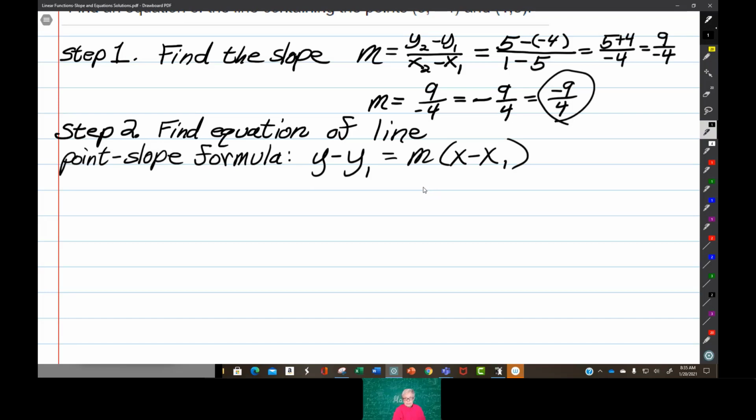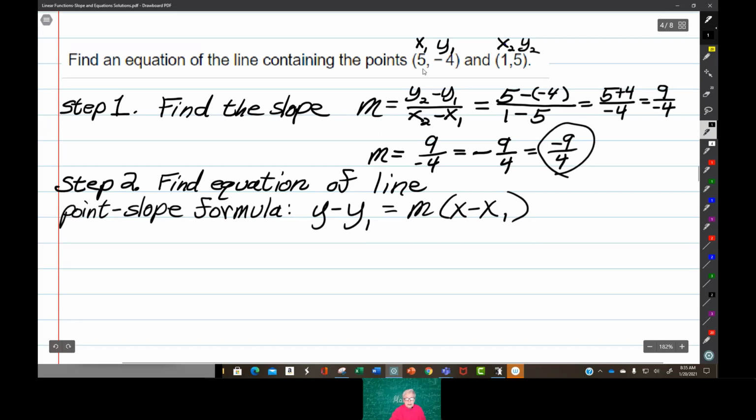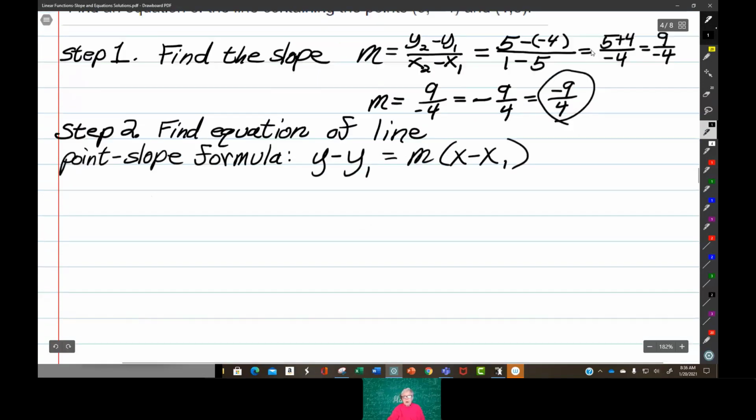So, here are my points. 5, -4 is x1, y1, so I can use those. Or 1, 5 looks easier. I have to use one of those points, but it doesn't matter which one. So I am going to use the point 1, 5. y minus 5 equals negative 9 over 4 times x minus 1.